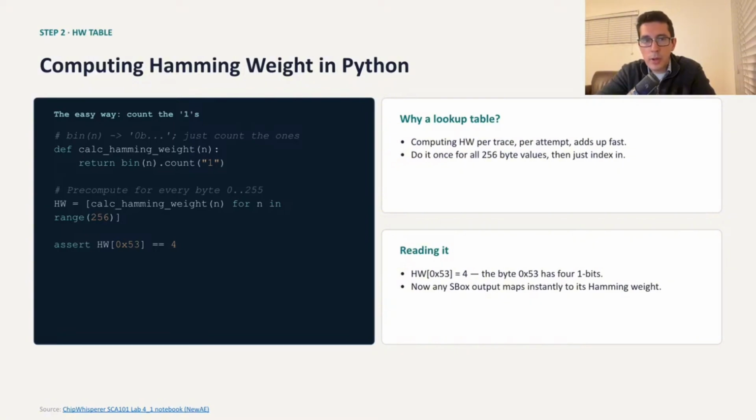That gives us a lookup table, HW, where, for example, HW of 0x53 equals 4, meaning 0x53 has 4 one bits. From now on, any SBox output we compute can be instantly mapped to its Hamming weight just by indexing that table, which is much faster than recomputing it on the fly for every trace and every guess.